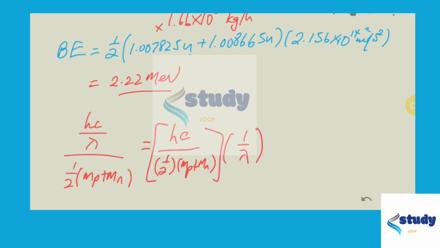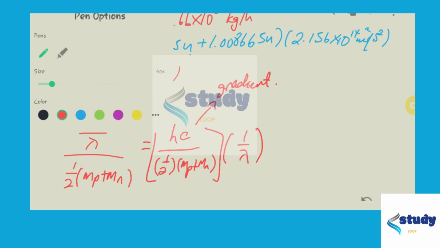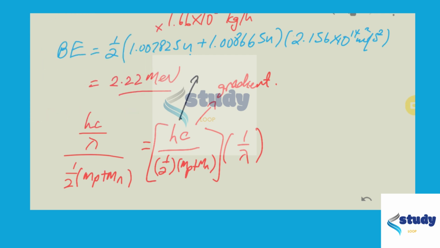So this is our gradient. We know the standard values of h and c. Now we can use that to find the mass of the proton.